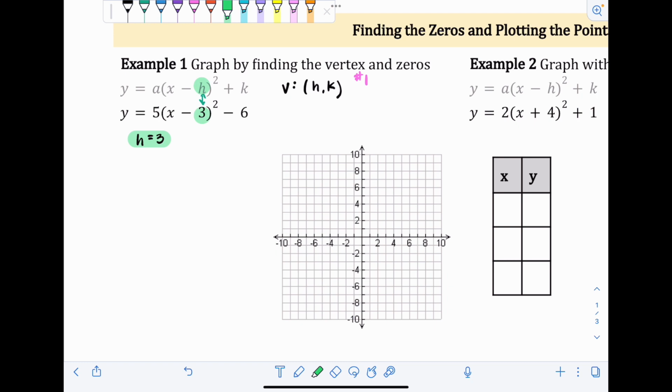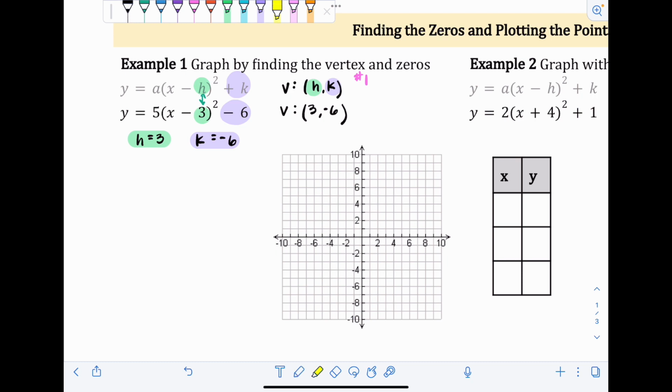And then for k, I need to look at what is in the spot of k in the formula. The k is added at the end, and there's a -6 at the end. So k would be -6. So we put that together in the vertex. We put 3 in for h, and then we put -6 in for k, and that's going to give us our vertex. So (3, -6).